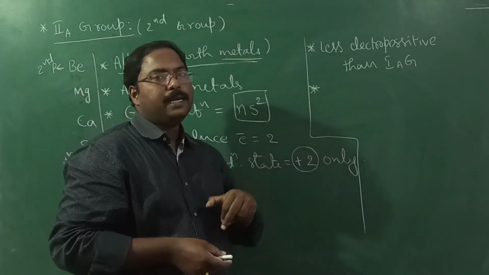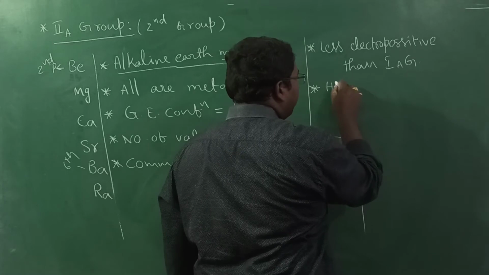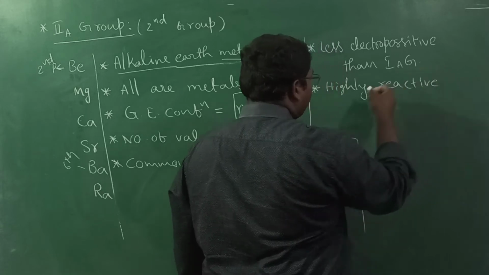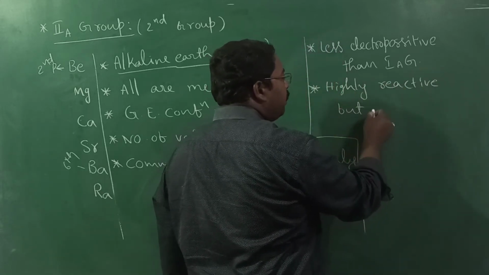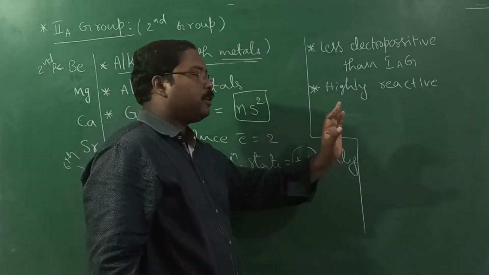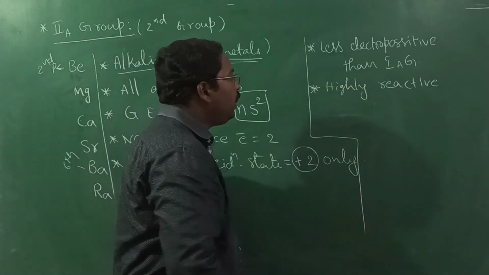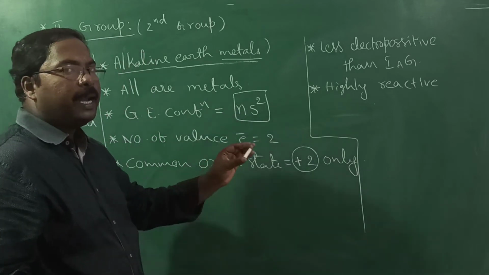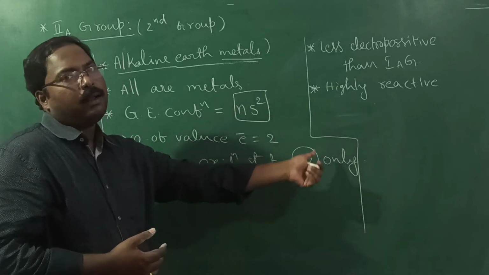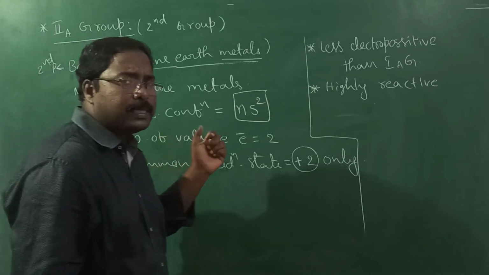Compared to the other metals, they are highly reactive, but when compared to first A group, they are less reactive. Even these act as good reducing agents, but compared to first A, these are weak. Note this information about the second A group.